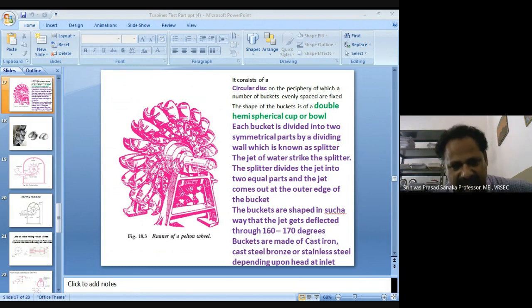This is one of the very important points. The buckets are assembled radially to the disc of the runner. The shape of the buckets is a double hemispherical cup. Each bucket is divided into two halves.